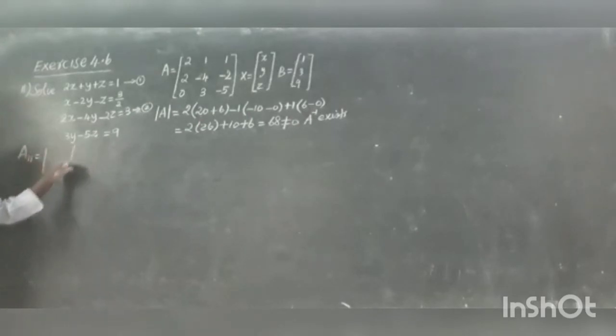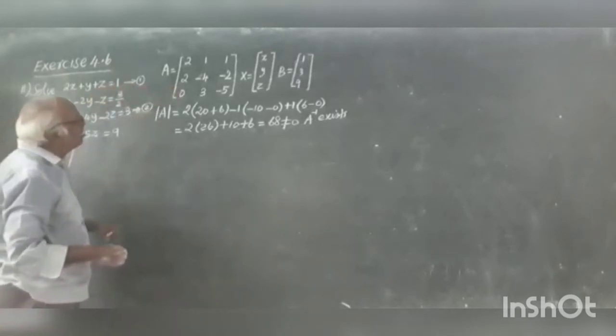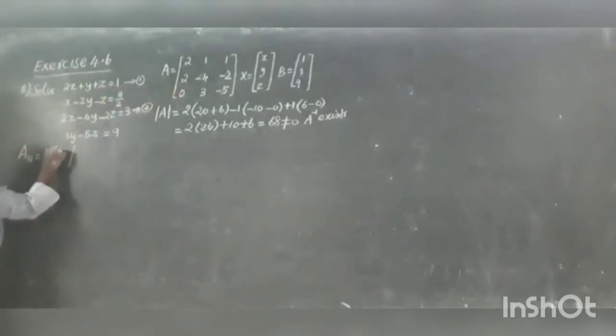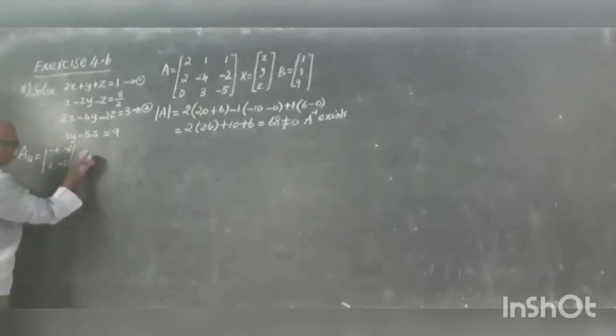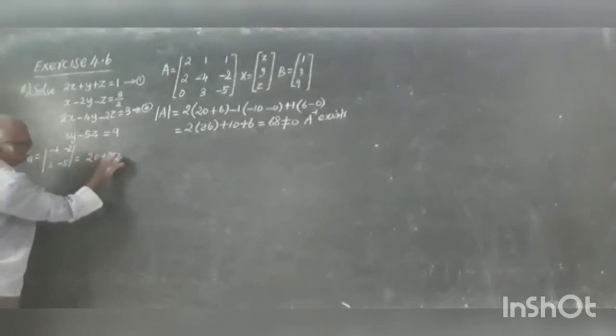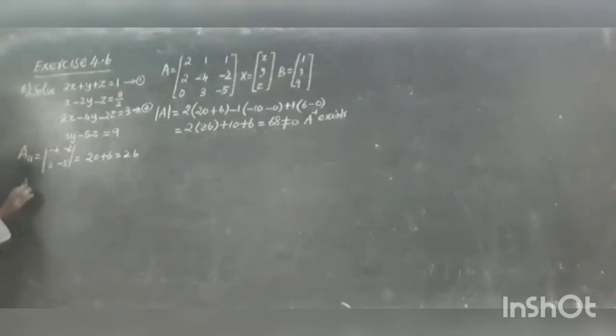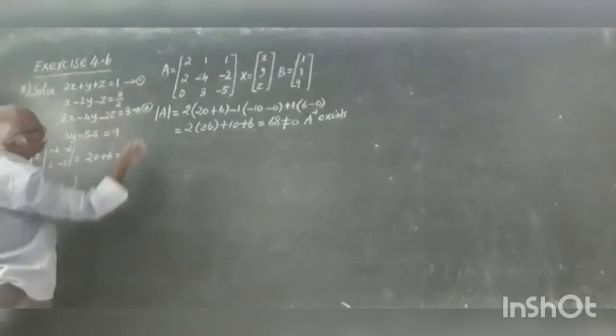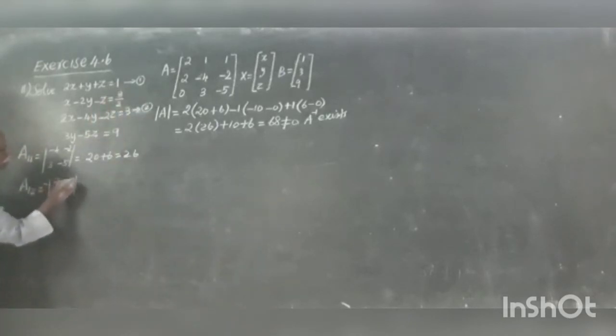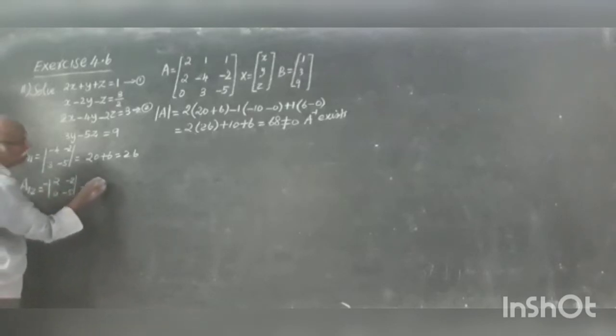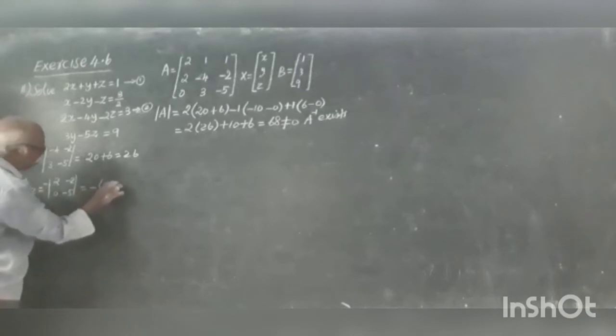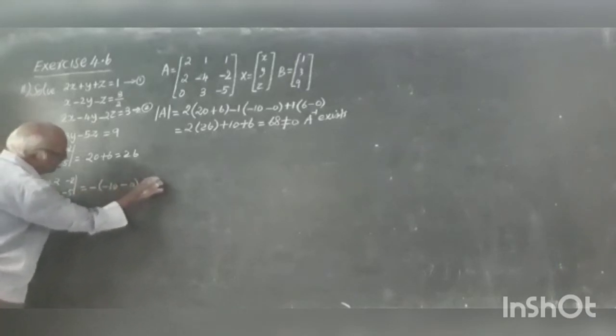A11 is the determinant of minus 4, minus 2, 3, minus 5, which is 20 plus 6, 26. A12 is minus of the determinant of 2, minus 2, 0, minus 5, which is minus of minus 10 minus 0, equal to plus 10.